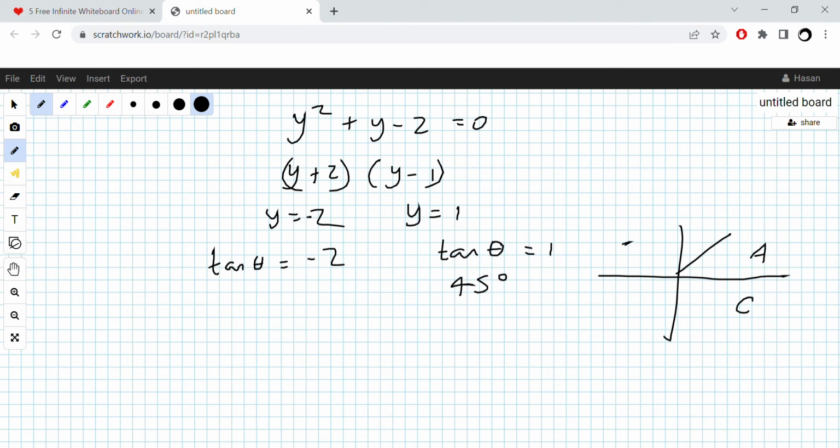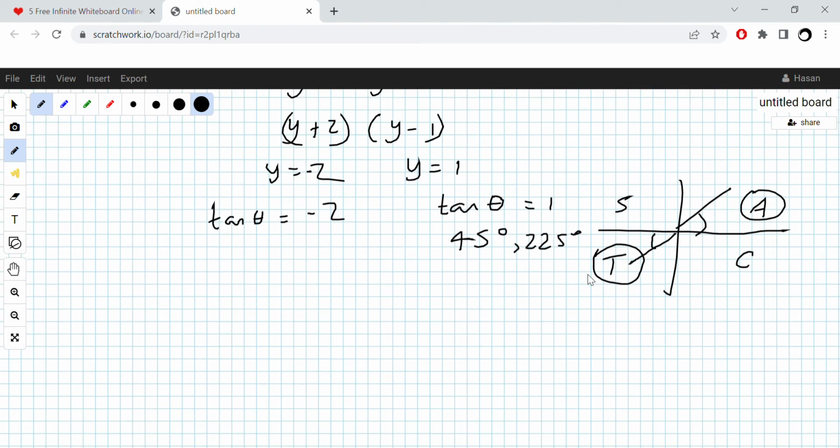Since 1 is positive, we want the angle in the All and the T, because it's tan. So to find this angle, it would just be 180 plus your 45, which is 225.